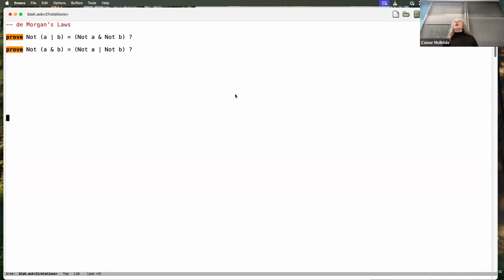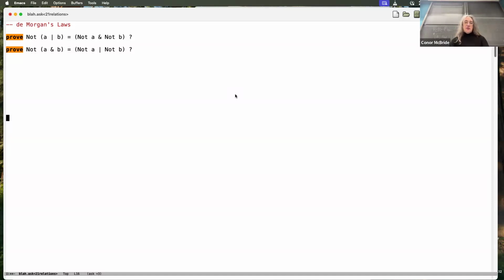But we are going to extend the notion of equality to propositions in what I hope is an appropriate way. That's to say, two propositions are equal if they're logically equivalent, if each of them implies the other.